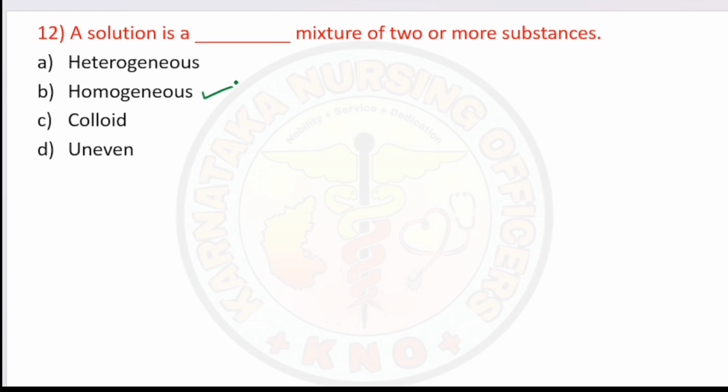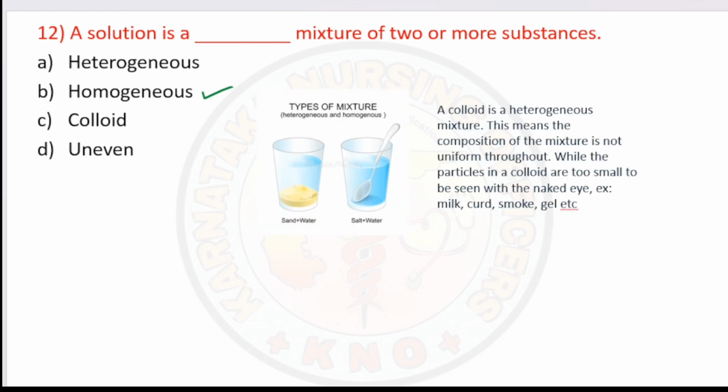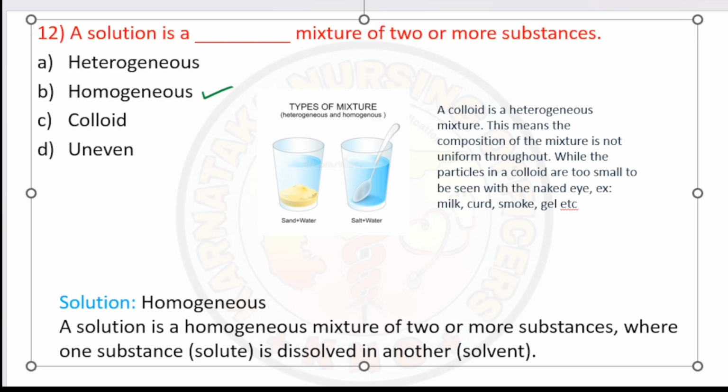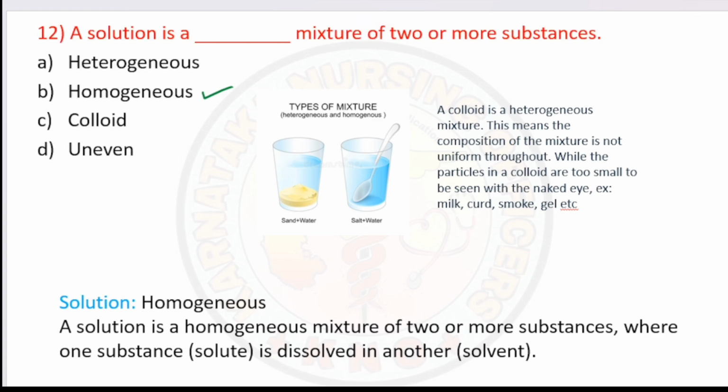Okay. So what do you mean by homogeneous and heterogeneous mixture? Homogeneous mixture is nothing but a solution is a homogeneous mixture of 2 or more substances where one substance is dissolved in another.